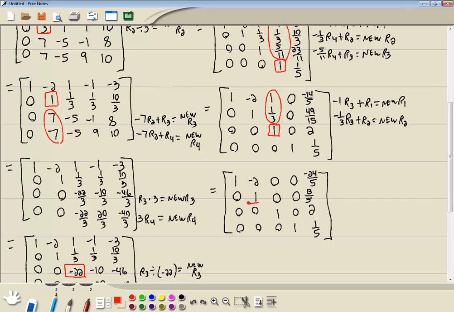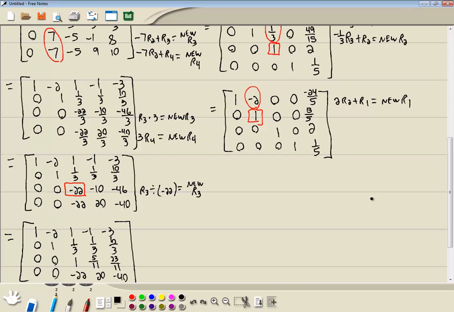Okay, so then we'll work with this one. And we want to get 0's above it. So we want to get a 0 there. So we'll take 2 times row 2 and we'll add that to row 1, and that's going to give us our new row 1. Okay. So let's see what we got. 0, 0, 0, 1, 1/5. 0, 0, 1, 0, 2. 0, 1, 0, 0, 13/5.